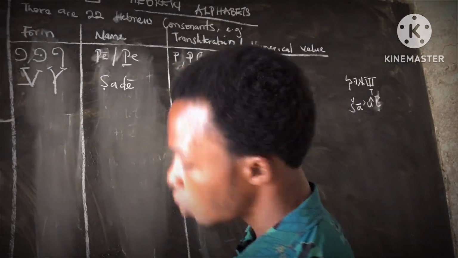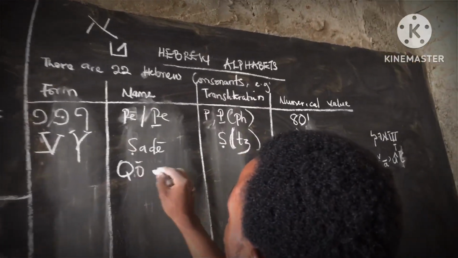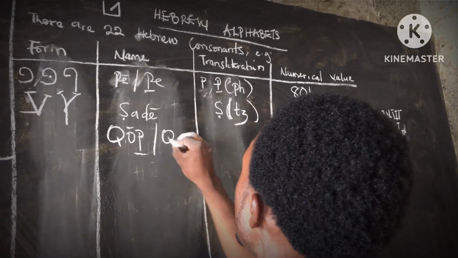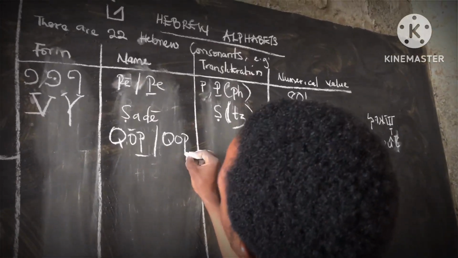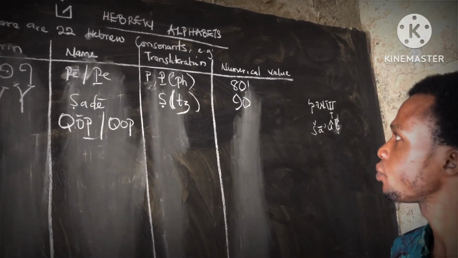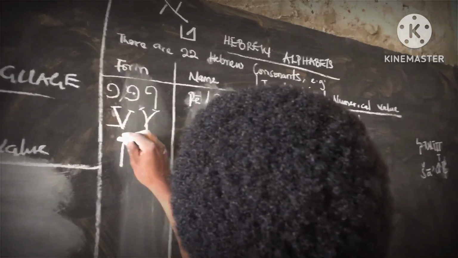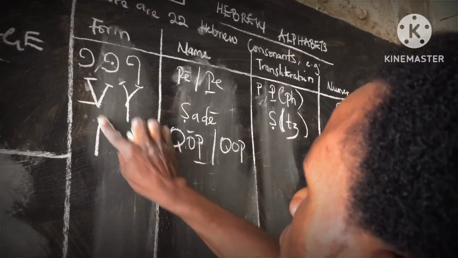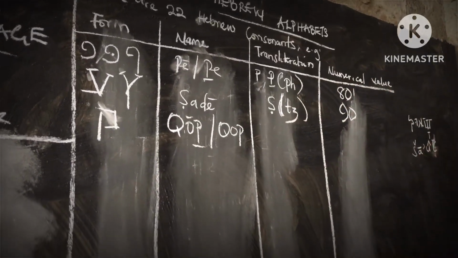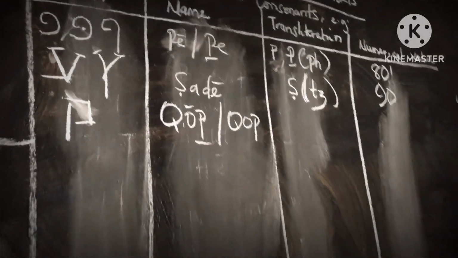The next one is what we call Kof, or Cope. Simply put, it is written as this, or you can write it as this.